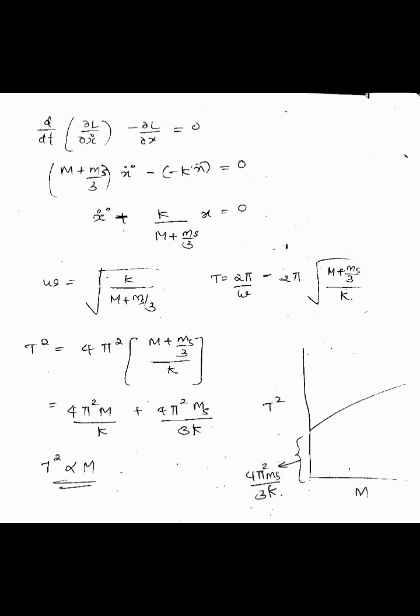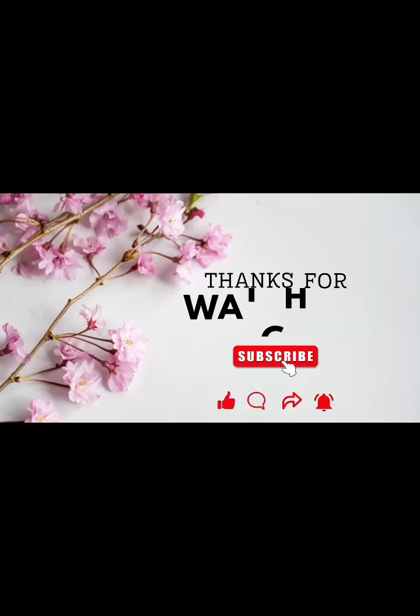Then T is equal to 2 pi by omega, that is 2 pi square root of (M plus ms by 3) by k, that is T square is equal to 4 pi square (M plus ms by 3) by k, that is equal to 4 pi square M by k plus 4 pi square ms by 3k, that is T square is proportional to M with the additional term 4 pi square ms by 3k. So this shows that the graph is a straight line.